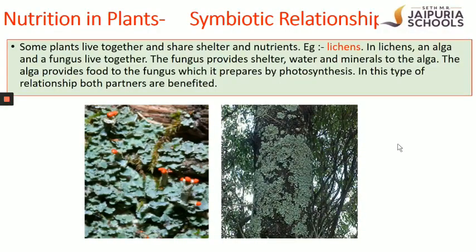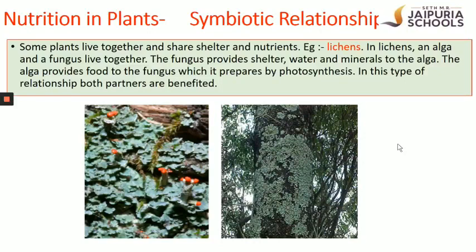Now next, let us see what are symbiotic plants or symbiotic relationship. There are some plants which live together and share shelter and nutrients. Okay, symbiosis means surviving with each other, helping each other. So there are some plants which live together, and they share shelter as well as nutrients.